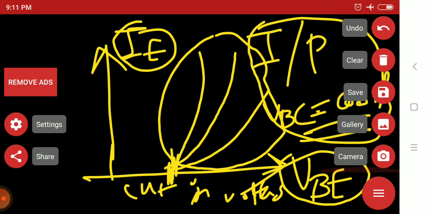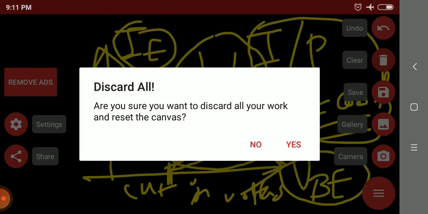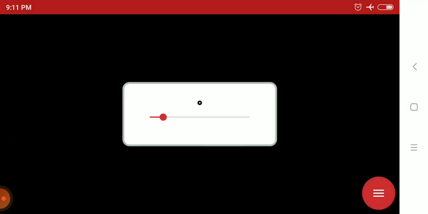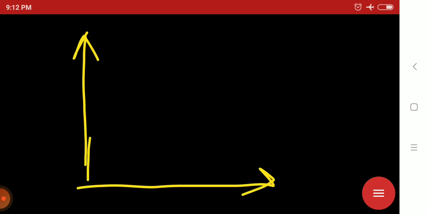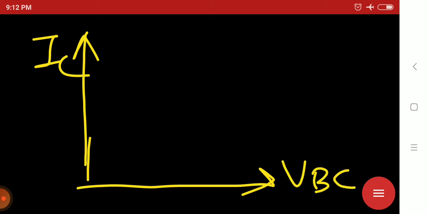And what will be the output characteristic? For the output characteristic of the CB configuration we draw IC versus VBC, and here IE, that is emitter current, will be constant.